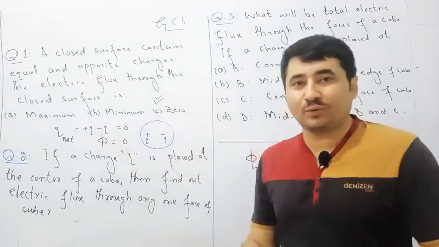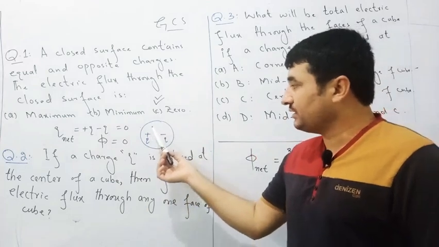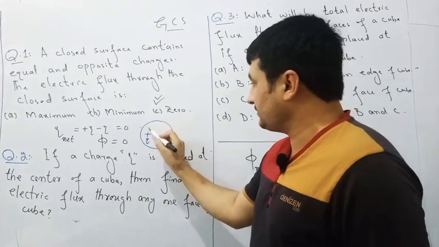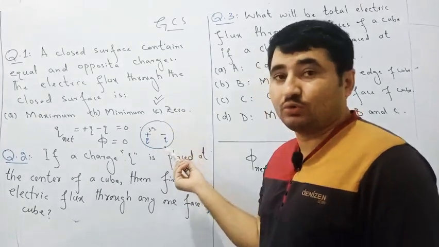That's very simple. Again, for example, if you have two charges, let's say one is 3Q and the other is minus Q, then what will be the answer?